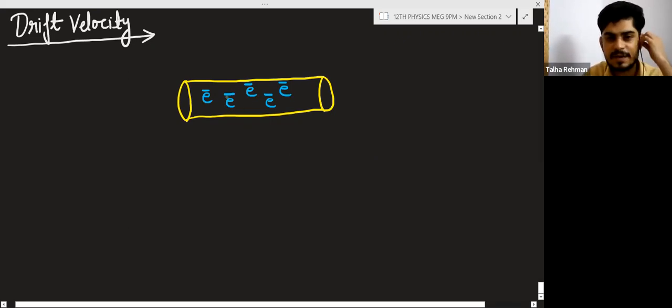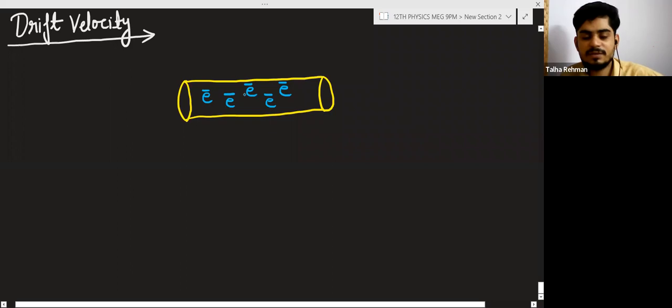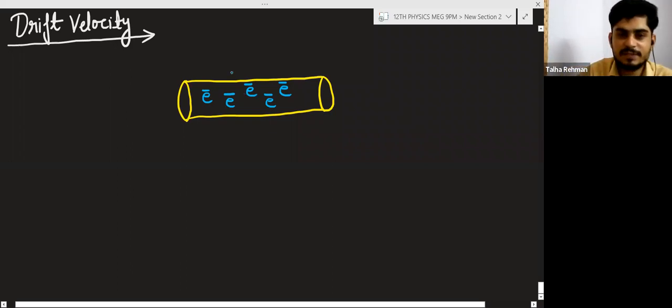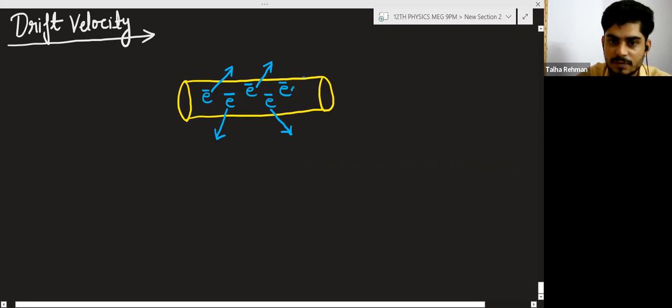Inside the conductors we have electrons, but these free electrons have velocities in a random direction. Suppose this electron has the velocity in this direction, this electron in this direction, this electron in this direction, like this.